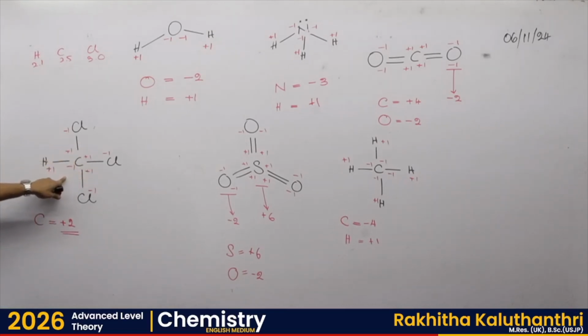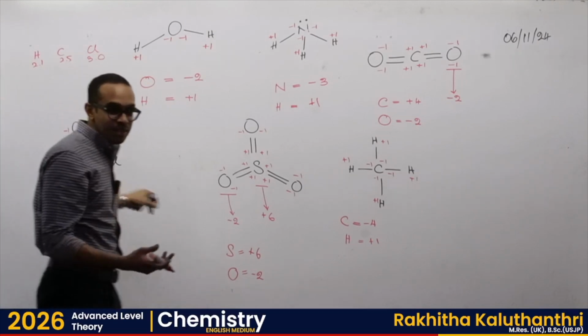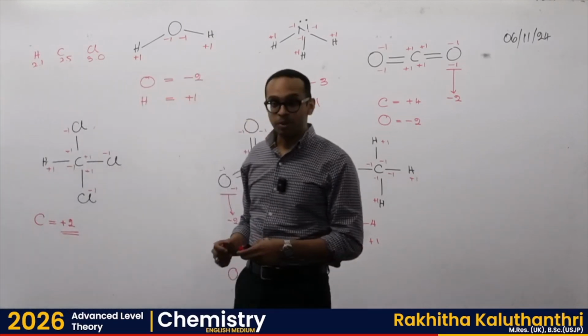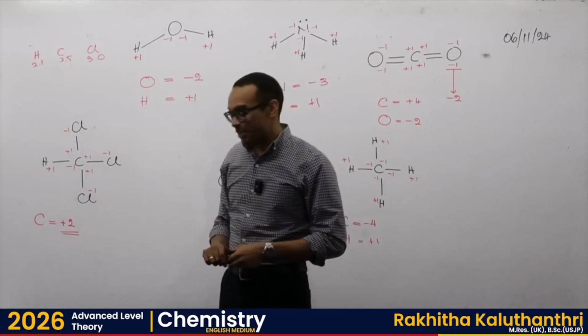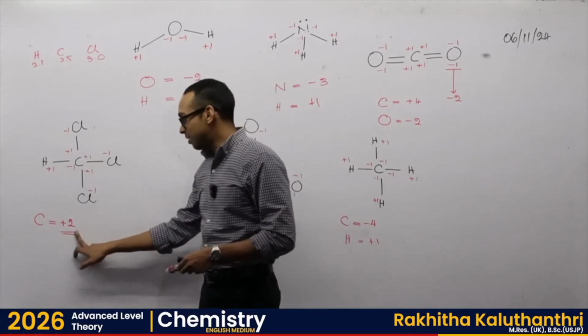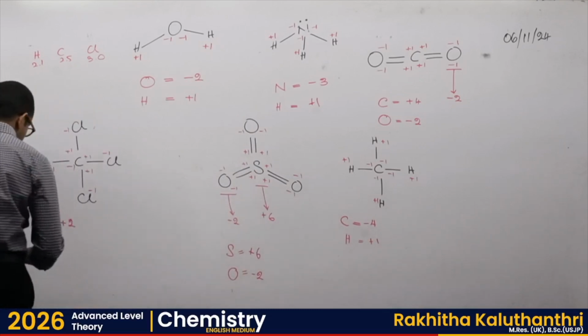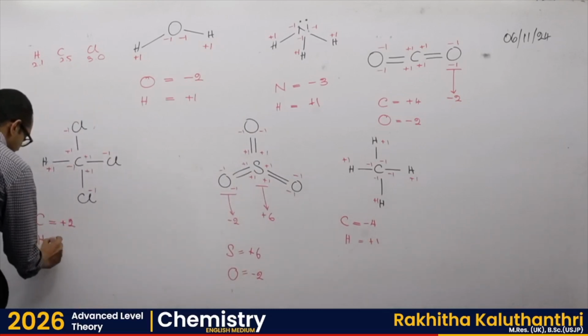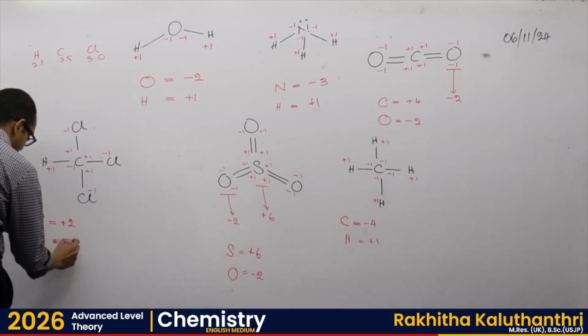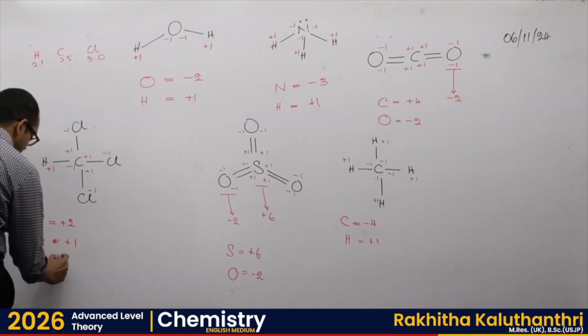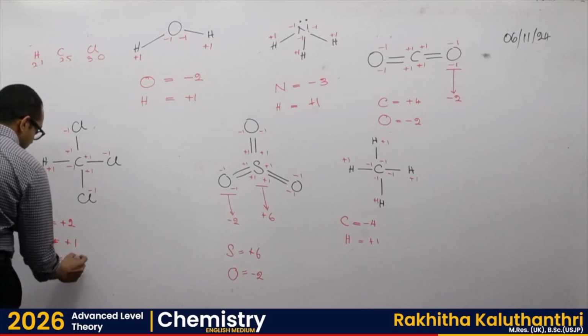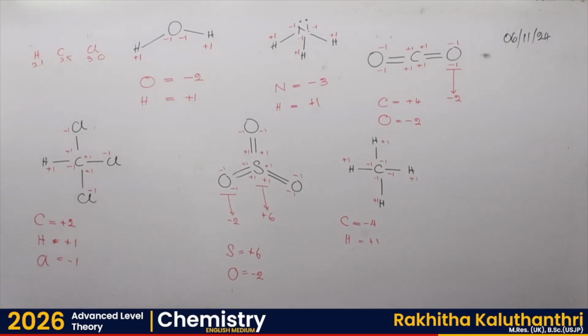Basically that means +3 minus 1 is +2, like what we have written here. And then we have hydrogen, which is +1, and chlorine, which is -1. Are we okay with this part?